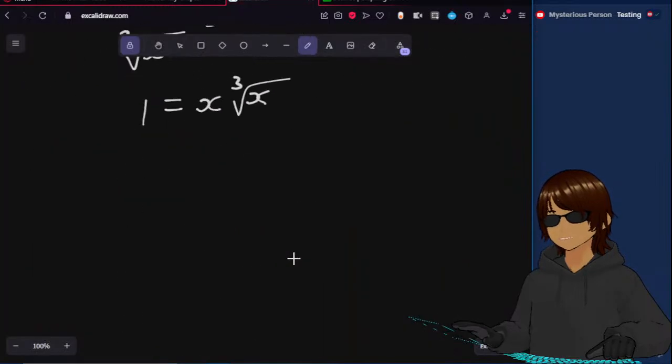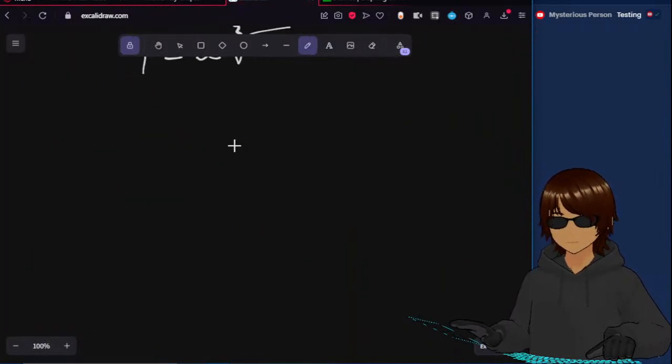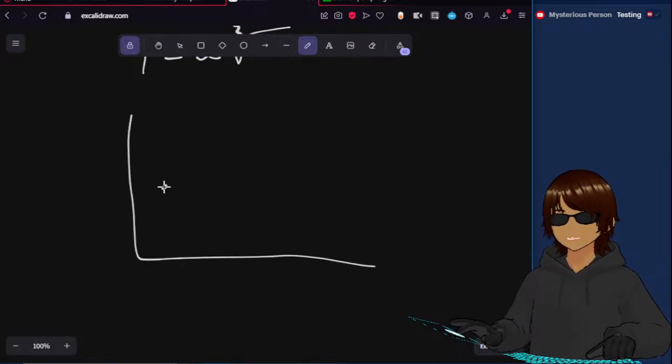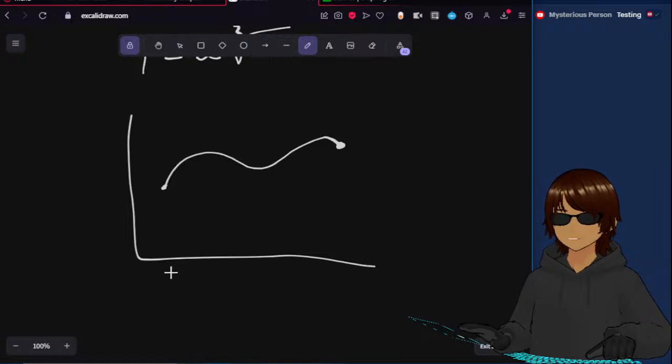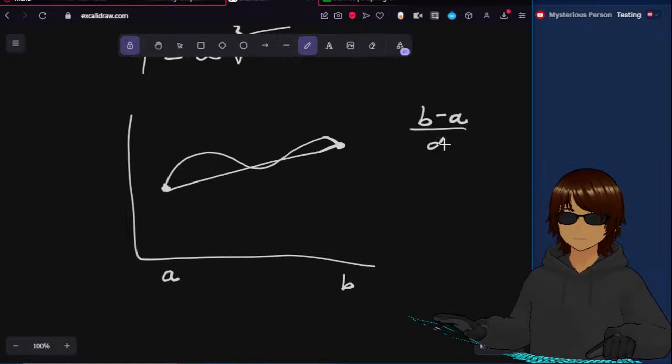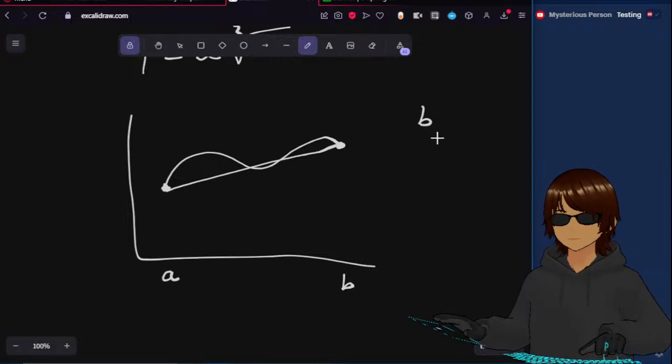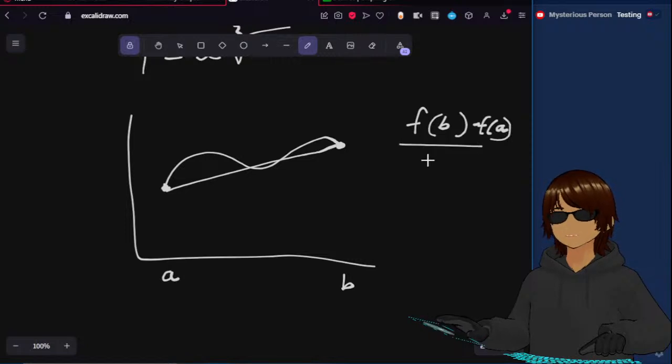Okay, so what I understand is, if it's defined at a and b, then you have this slope over here, the rise over run.